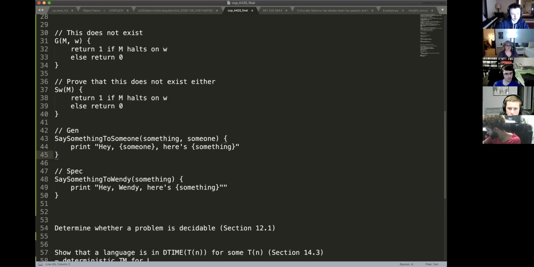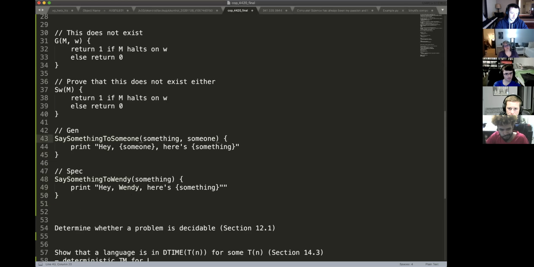Can you then say something about the generalized problem? You can see where we're going with that, right? If you had the family of functions like that, say something to Wendy and say something to Mark and say something to Tom and say something to whatever, then what you can do is you can say, okay, I can actually rewrite this generalized function to use this array, this infinite array of specialized functions to achieve the same goal.